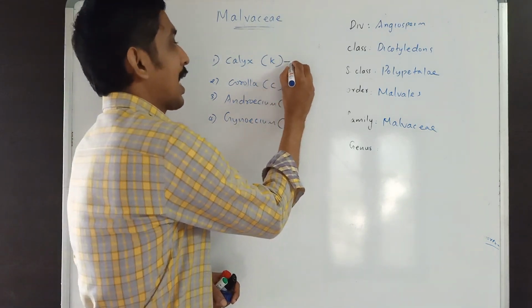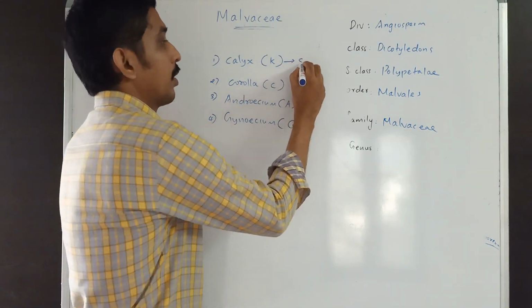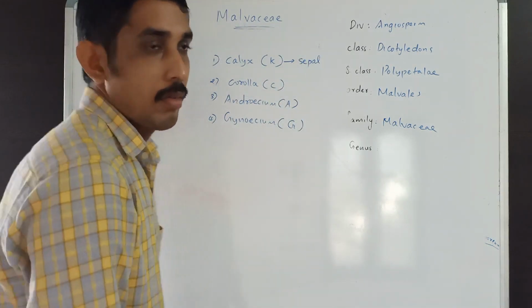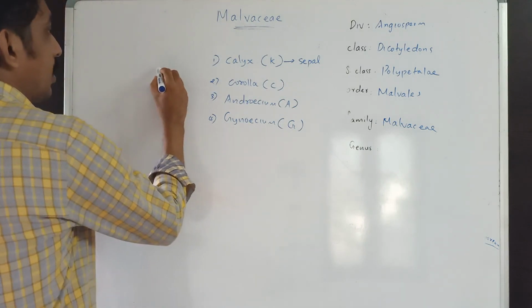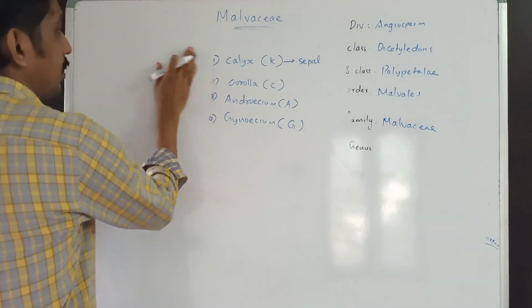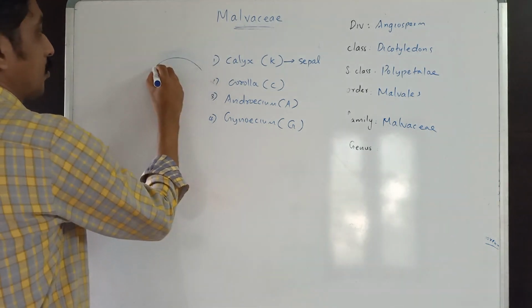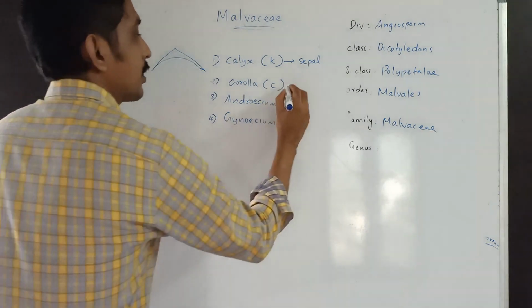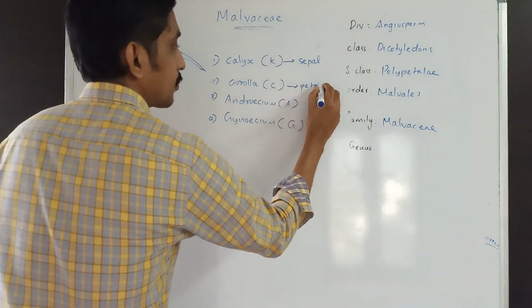Calyx is made up of a simple unit called sepal. We can represent the sepal like this. Look. This is the representation of sepal. Like that, corolla is made up of petal.